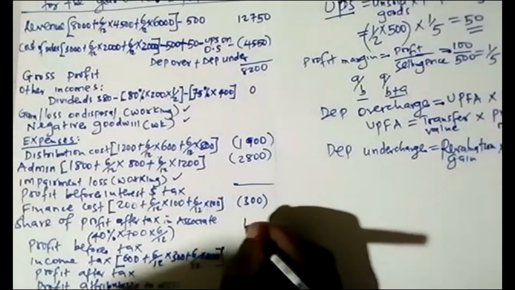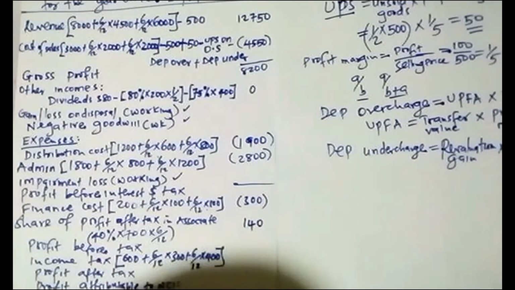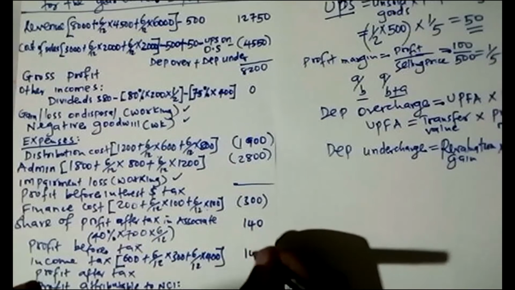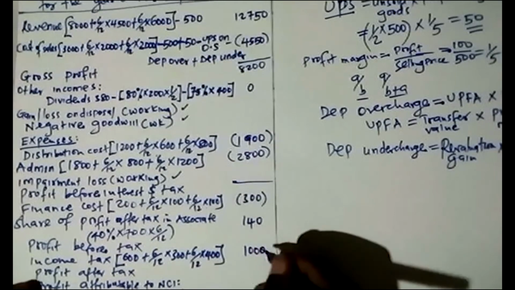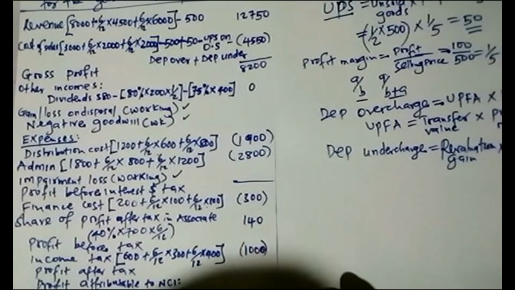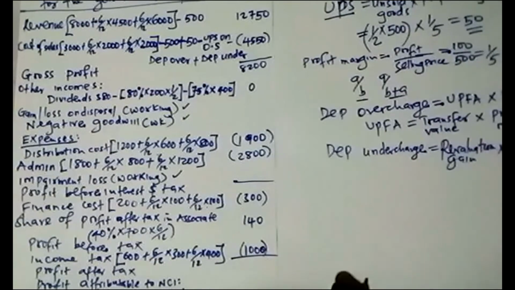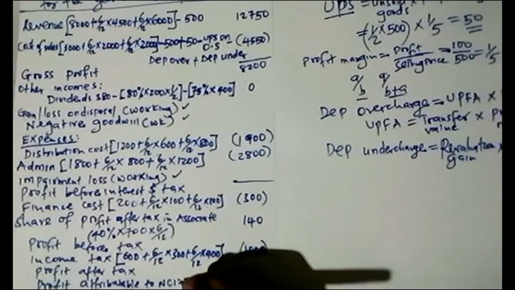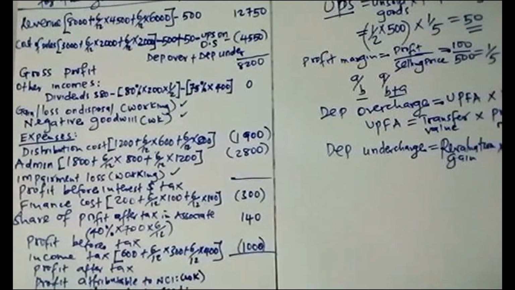That is 140. And this is 150 plus 250. That is 400. 400 plus 600, that is 1,000. Up to that point, that is fine. So profit after tax needs workings. Even the profit attributable to the NCI needs workings.